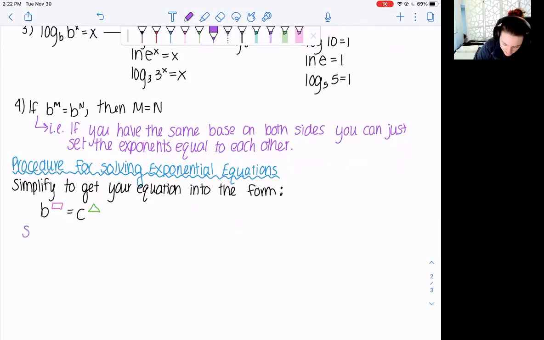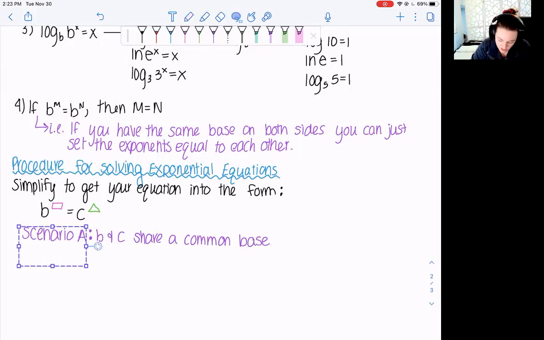Scenario A: b and c share a common base.